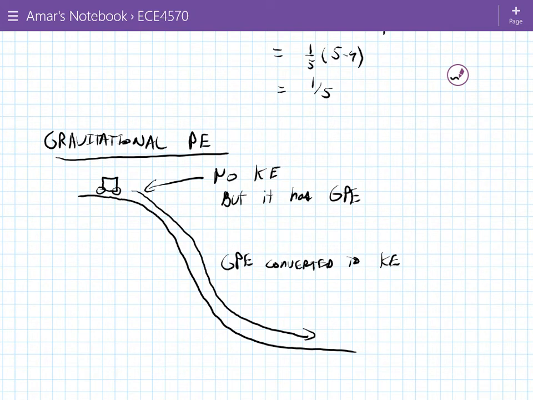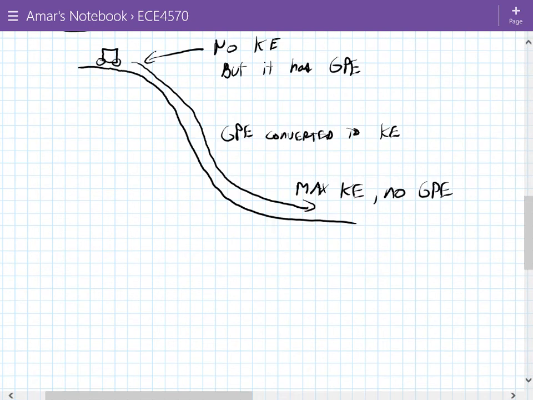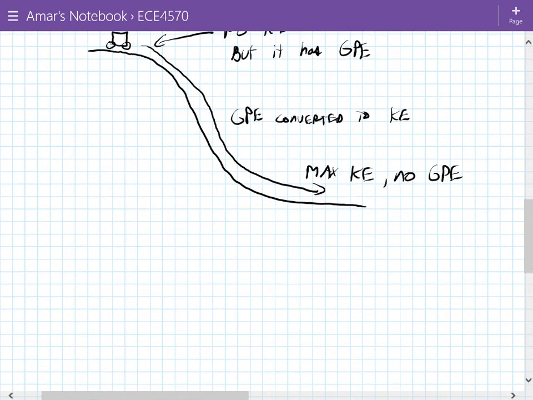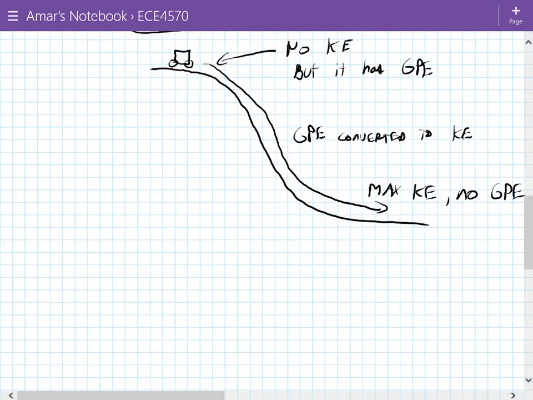So the maximum kinetic energy is at the bottom of the hill, but there's no gravitational potential energy here.